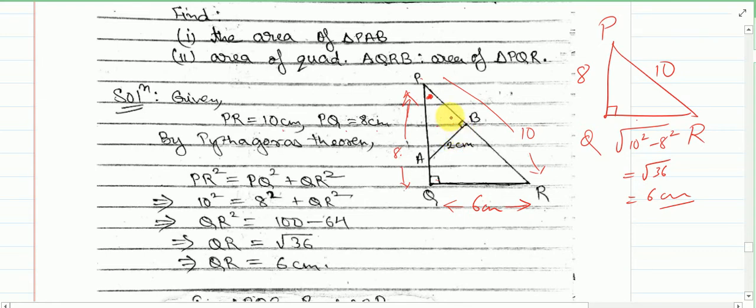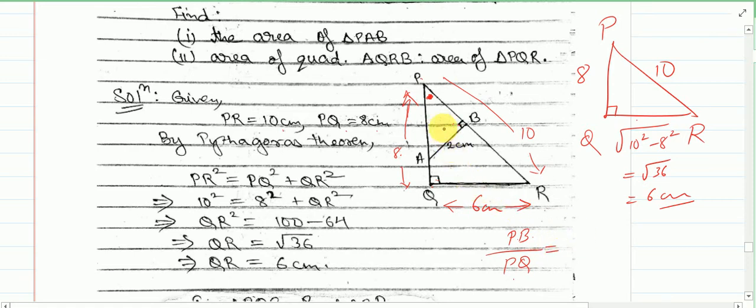Since they are similar, corresponding sides are going to be proportional. Here you can see that this angle and 90 is along PB, so I write PB, and in triangle PQR, this angle and 90 is along PQ. So corresponding to PB is PQ.